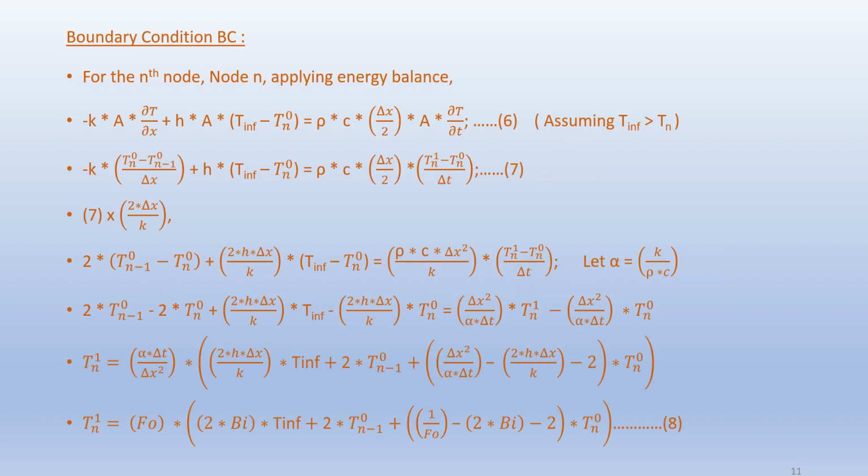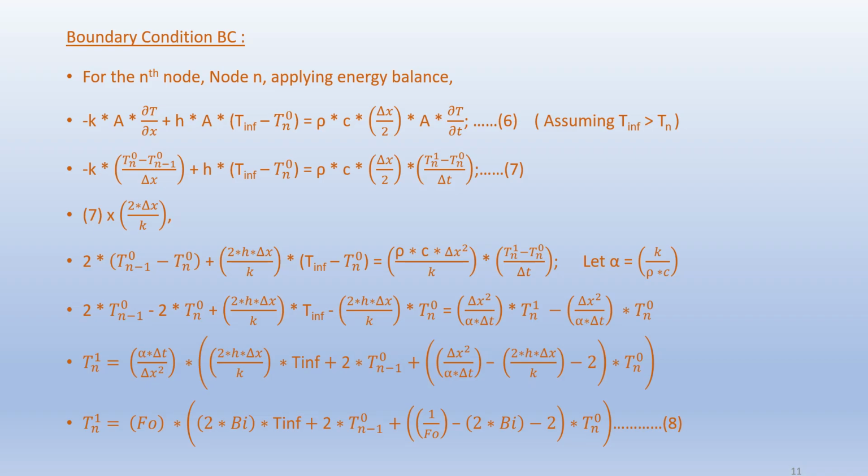So accordingly it is represented as minus k times A times dou T over dou x plus h times A times T infinity minus Tn^0 equals rho times c times delta x over 2 times A times dou T over dou t, as equation 6. Here we are assuming that T infinity is greater than Tn. In other words, the ambient temperature at that boundary is greater than the initial temperature at node n.